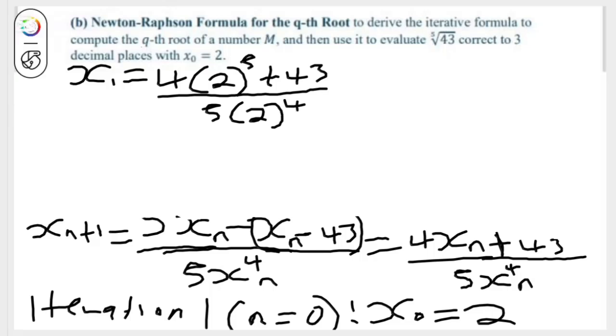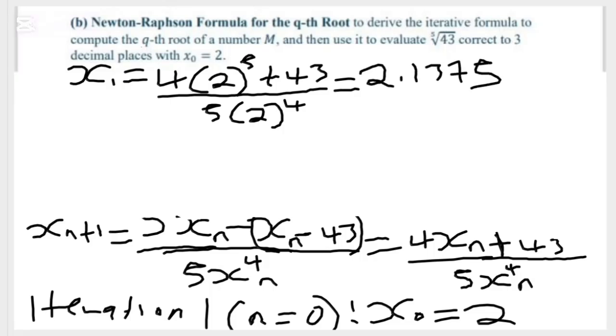So let me see what I am going to get. At the end I'll get 2.13775 as my value of x1.